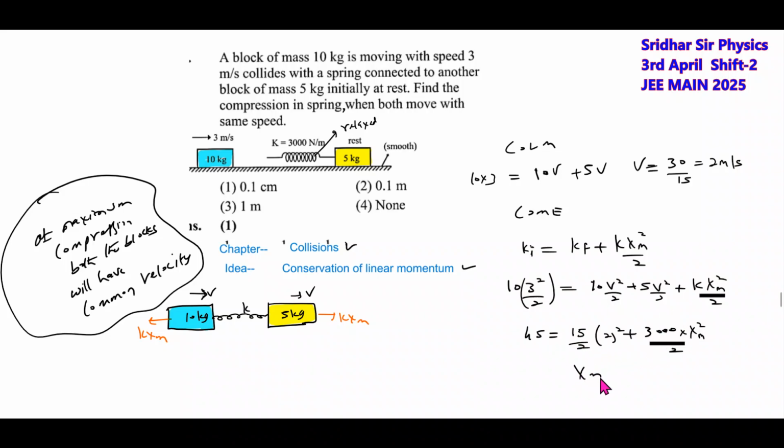Okay, solving, we'll get the compression of 0.01 meter. Convert into centimeter, we'll get this much of answer. Conservation of mechanical energy: initial kinetic energy equals final kinetic energy plus elastic potential energy. Net force is 0. Okay, done.